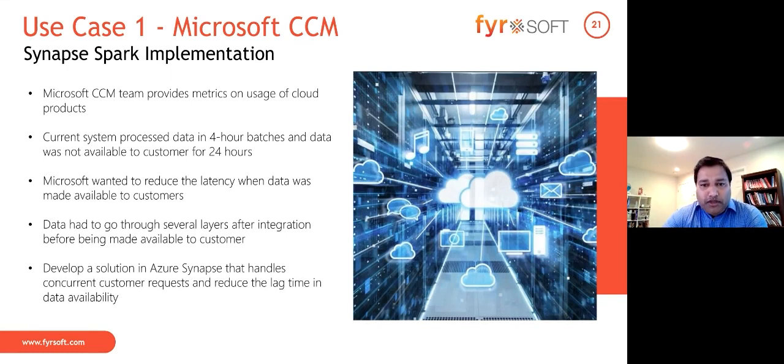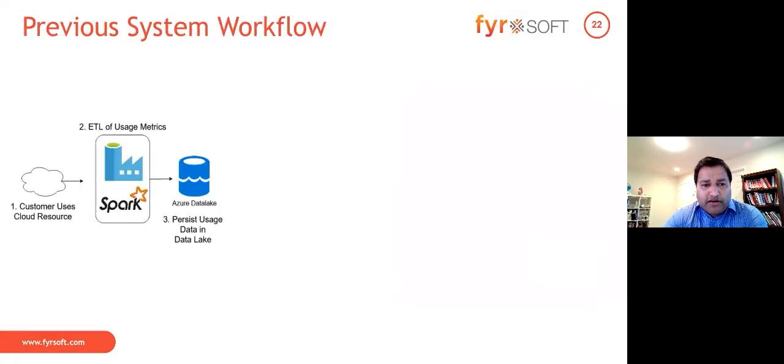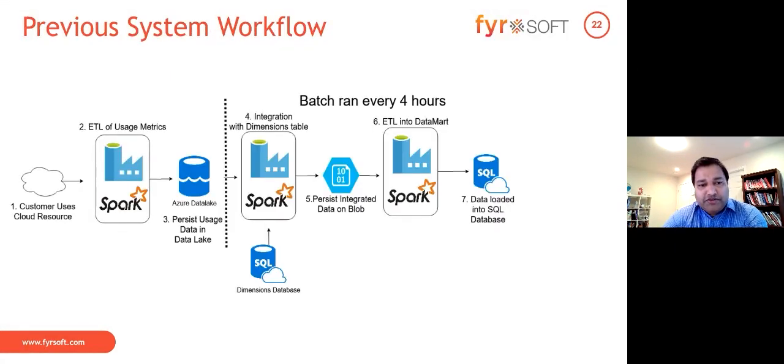So let me quickly walk through their architecture. In the previous system, the usage data was coming in, going through multiple Spark jobs, and then they persisted the data into the data lake. And there were different teams associated there: an acquisition team, a data transformation team, and a data reporting team, and everybody had to keep their own repository of data.